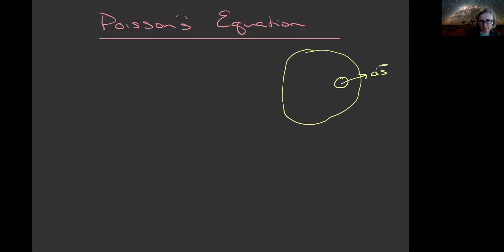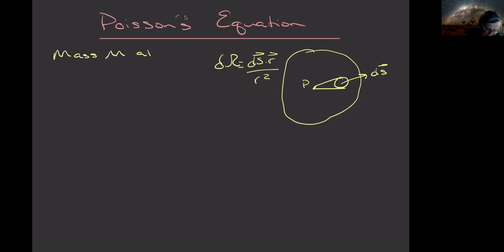And instead of having a uniform density, let's just have a point mass, a mass at point P, and that subtends a solid angle, d omega, of the surface, which is defined by dS dot r over r squared. So it's a point mass of mass m at point P, surrounded by a surface S.